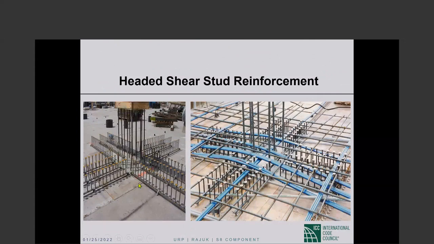This is what it looks like. These are called stud rails. This is a thin metal strip. These studs are welded to the metal strip or rail, whatever you want to call it. The studs have big heads. These are big, 10 diameter, something like that.